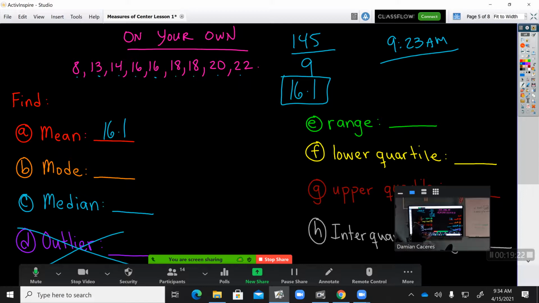Now, mode is the number that repeats the most. So we have 16 twice, and we have 18 twice. Since that is the highest amount of repetition for a number, and there's two numbers with the same amount, there's two modes, 16 and 18.